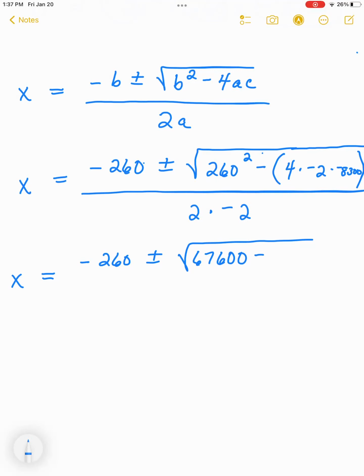What's inside parentheses is 66,400, and it's positive because I have two negatives being multiplied together, so that's going to become a positive, and then a positive times a positive is a positive.